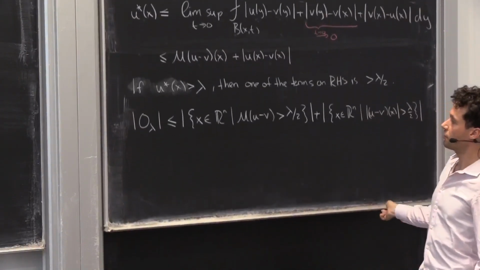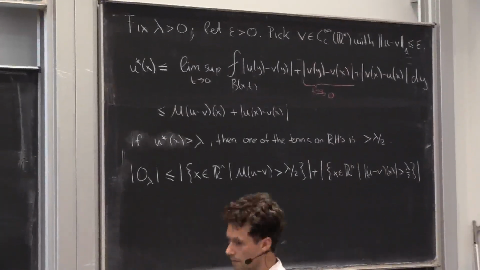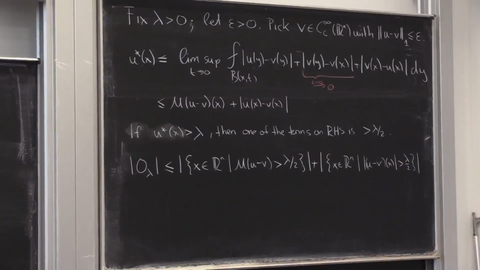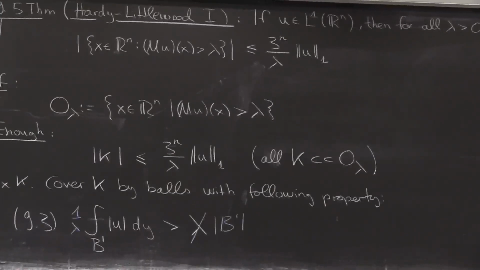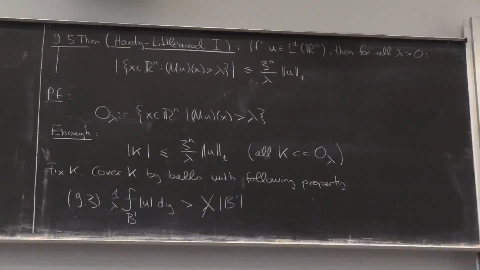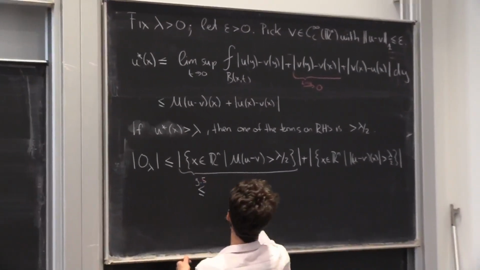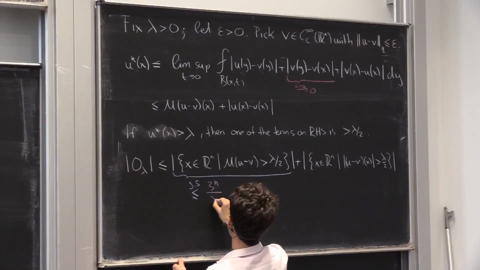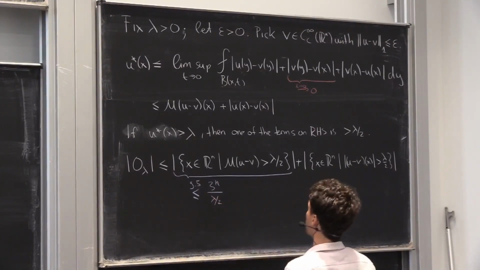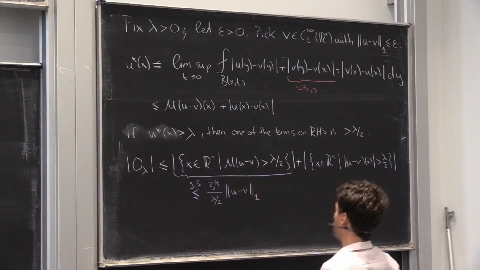Now I want to gain control on that thing. I can use Theorem 9.5. Yep, 9.5 takes care of the first thing. So by 9.5, this is less than 3 to the n divided by lambda over 2 times the norm of u minus v in L1.